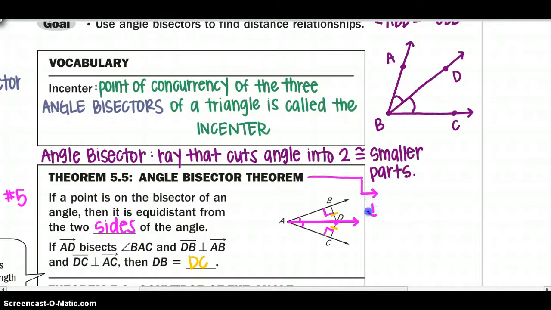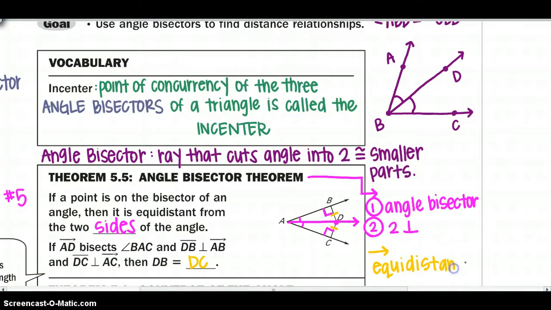I'm looking for an angle bisector. Also, I'm looking for two perpendicular segments. Then I can assume that the point is equidistant. So that is an overview of theorem 5.5.